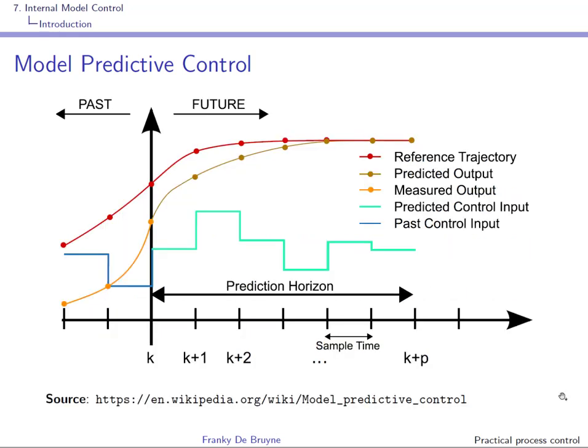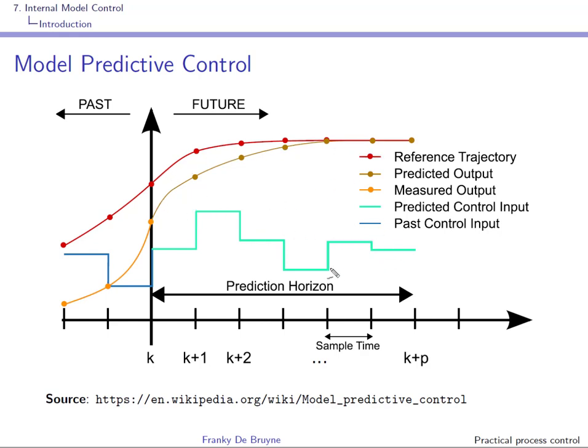So here is a representation that allows you to understand things. Here is the present, and at the present time you do the optimization. Here we have the reference trajectory, which is really the set point, and over a horizon you compute the optimal control sequence to go to this set point.